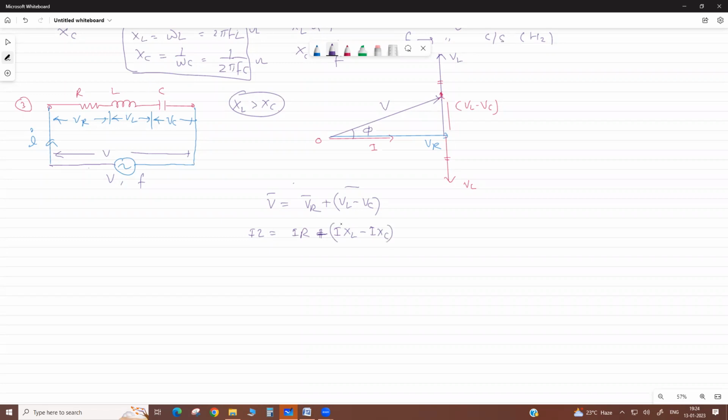If we take I as common outside, then it is R plus j(XL minus XC), okay? This is the impedance.